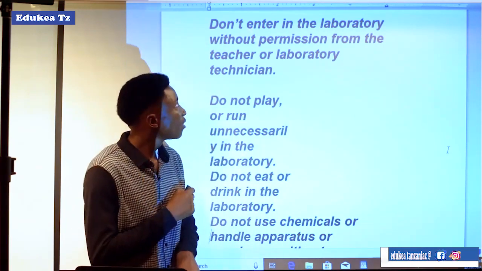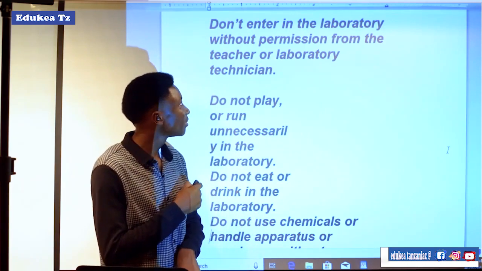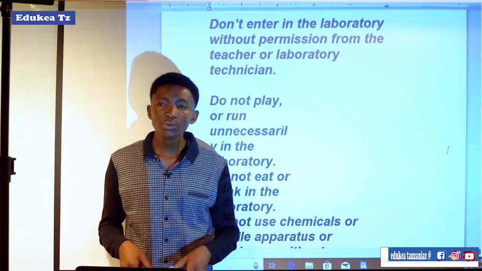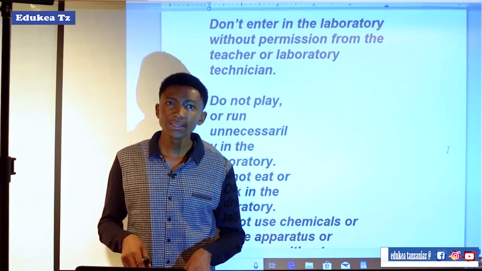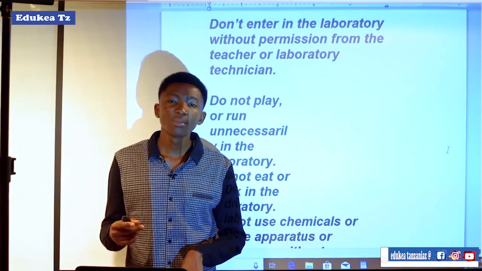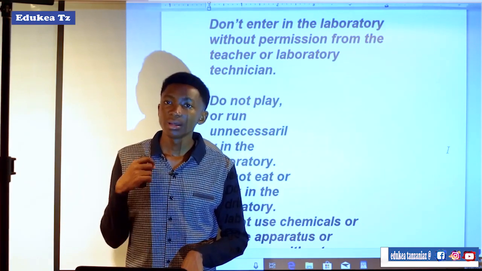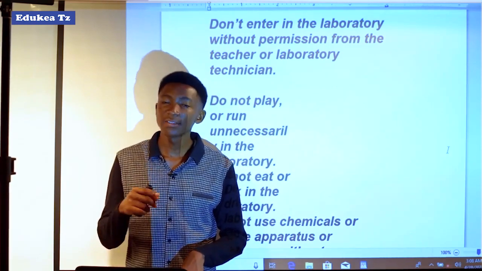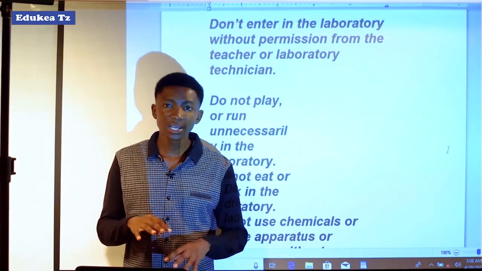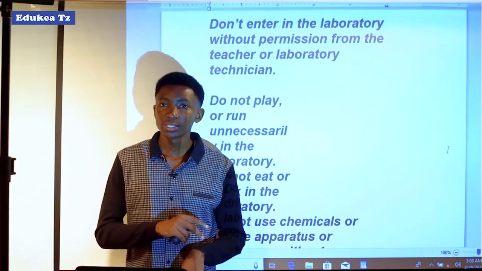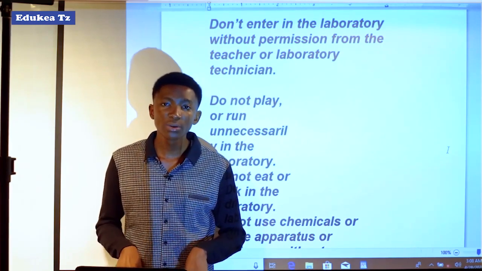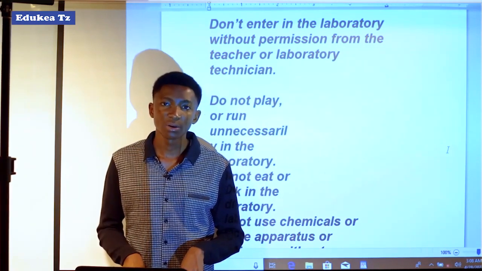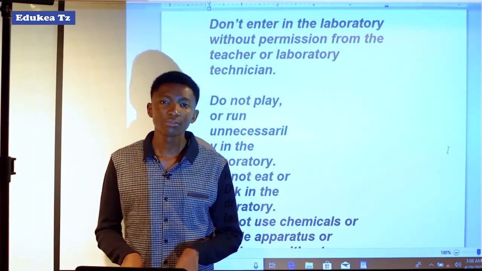Sometimes somebody has already performed an experiment, and there are some materials left spilled, and when you enter you can get an accident or danger which will be harmful to you.